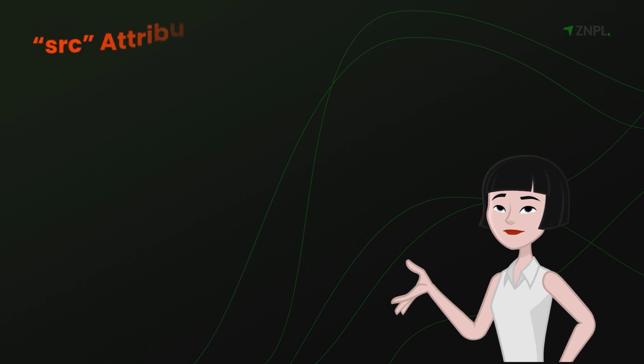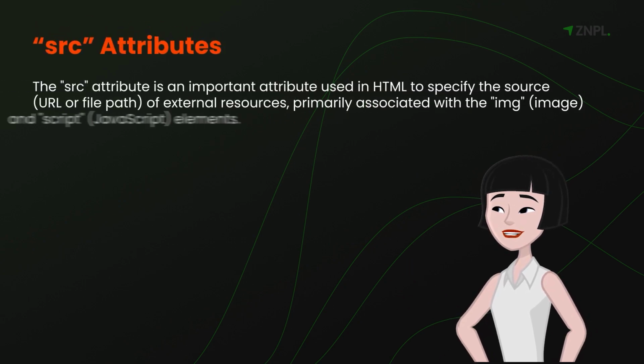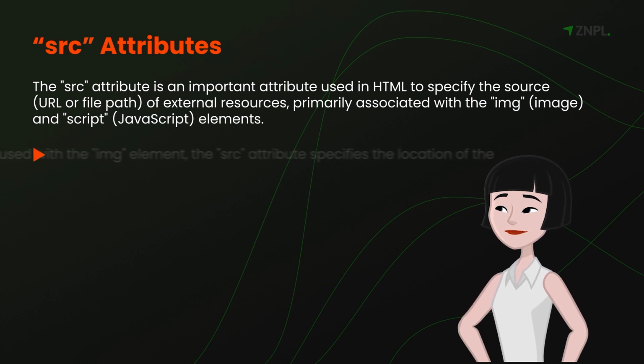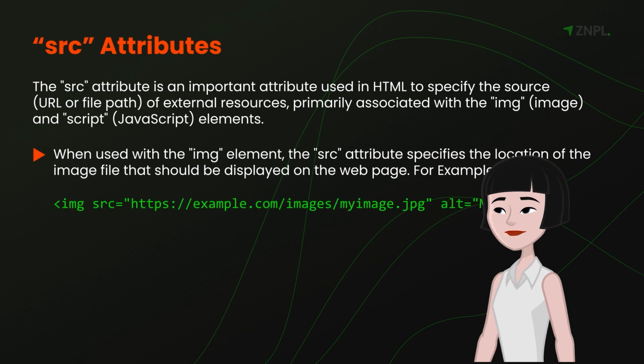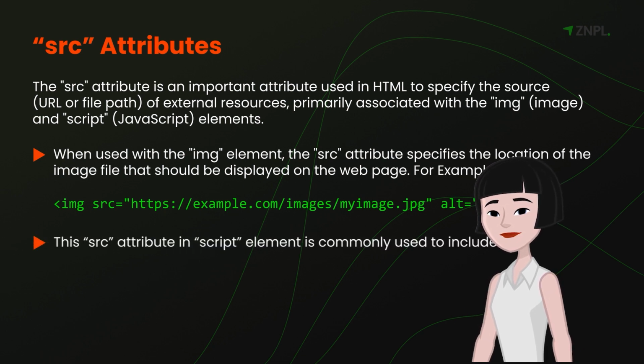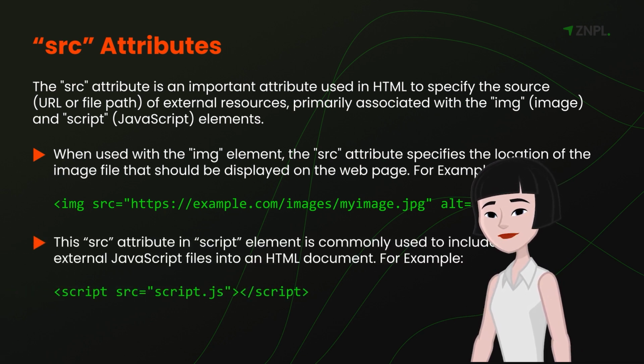src attribute. The src attribute is an important attribute used in HTML to specify the source URL or file path of external resources, primarily associated with the image and script elements. When used with the image element, the src attribute specifies the location of the image file that should be displayed on the web page.